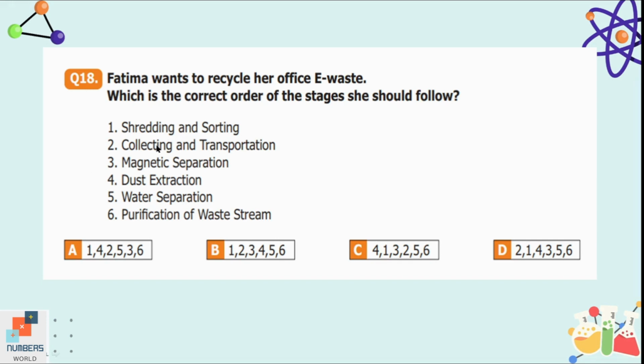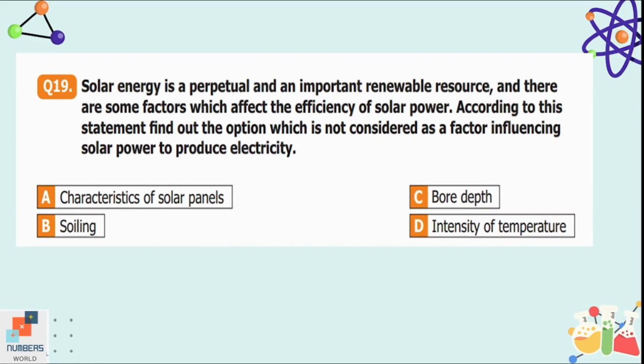So first of all, she will collect and transport the e-waste. After that, she will do shredding and sorting. Then dust extraction, then magnetic separation, water separation, and at the end purification of water stream. So option D is the correct order of the stages she should follow.